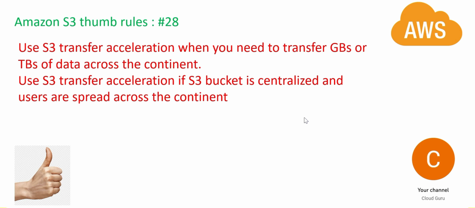They all access this. The users who are in Ohio would not face latency issues. India people would face latency, it would be slower. People in UK will face latency issues, it will be slower. And that's why you should use Transfer Acceleration when you have your users split across the globe, across the continents.